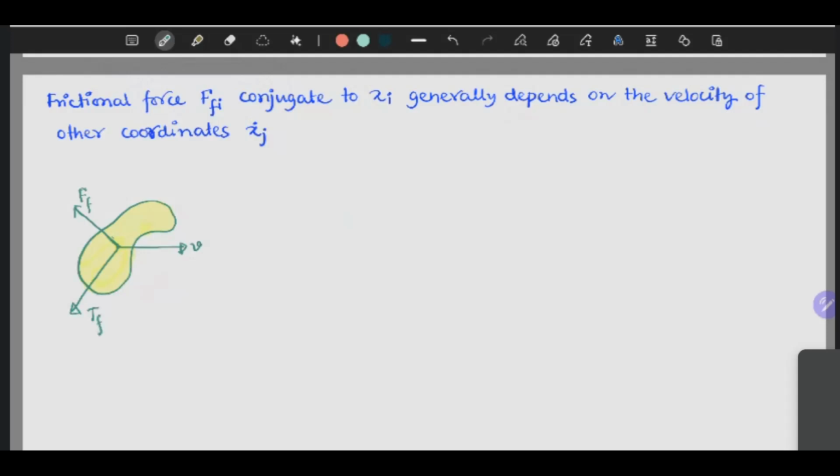So it need not be in that direction. It should be like this.